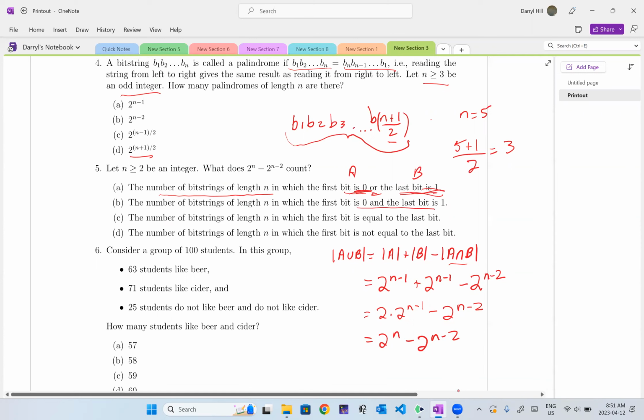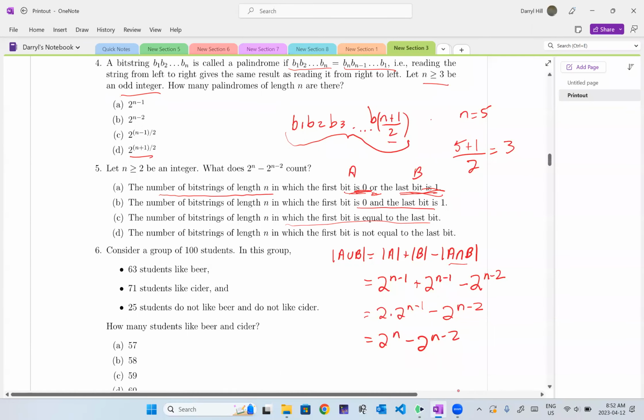It's not this one, the first bit is equal to the last bit. That would not quite be right. You could do the rest of them if you wanted to, but in this case we hit it on the first try. So that would be A.